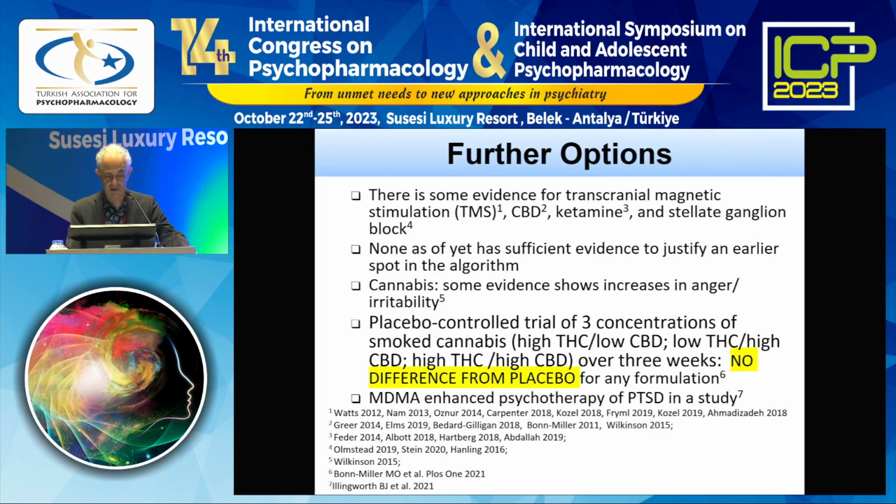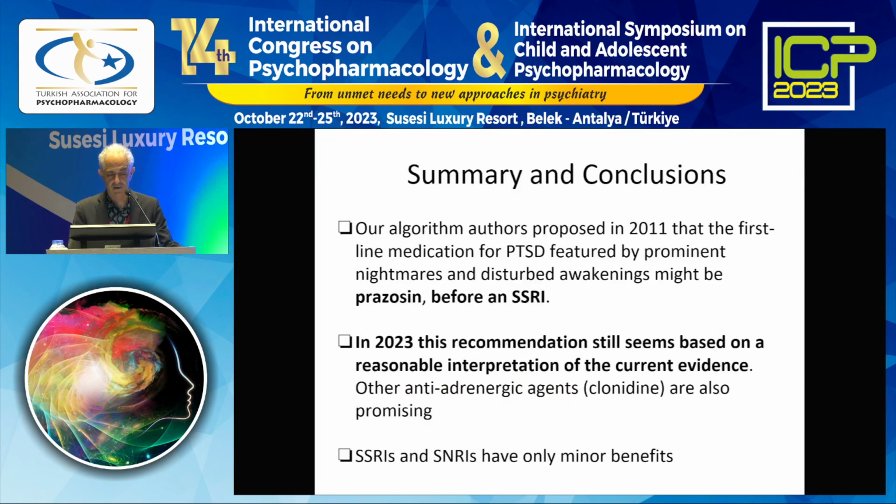And MDMA enhanced psychotherapy of PTSD in one study. That's an interesting direction that we are not covering in this talk. Enhancement of psychotherapy with various products. So in summary, our algorithm proposed in 2011 that the first-line med for PTSD that features prominent nightmares and disturbed awakenings might be prazosin before an SSRI.